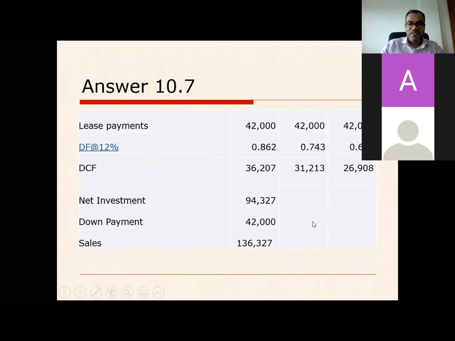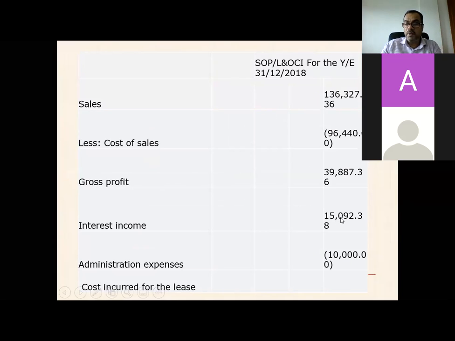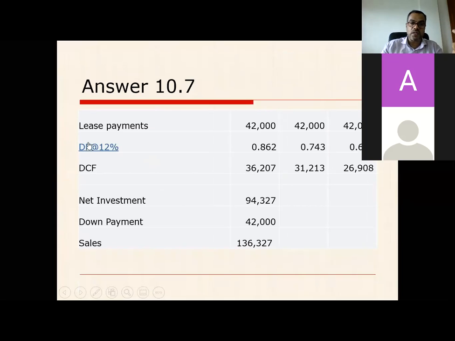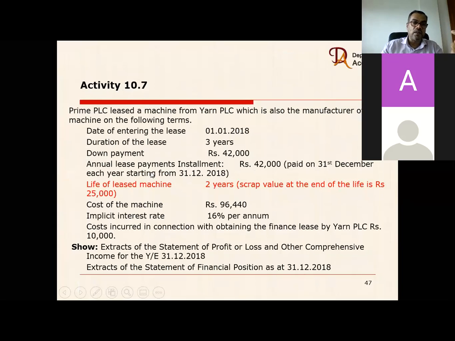You got it? So 12% of this, see, 10% is 9,000 something, 12 is another 2,000, then 9 plus 2 is 11. How come it became 15,000? Then there should be something wrong. That is why I questioned this indication of 12%. That is why I just checked the interest rate. Implicit interest rate is 16%.